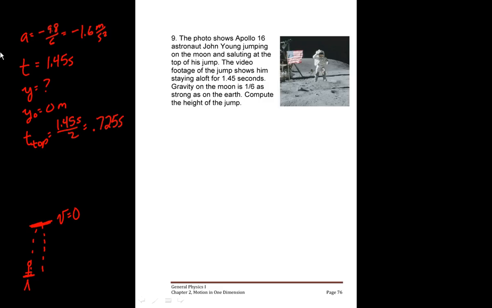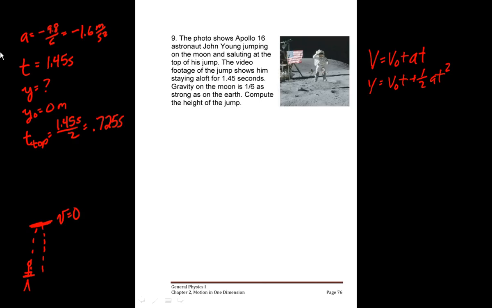So I'm going to write down my equations. V equals V naught plus AT. Y equals V naught T plus 1/2 AT squared, assuming that Y naught is 0, which it is in this case.